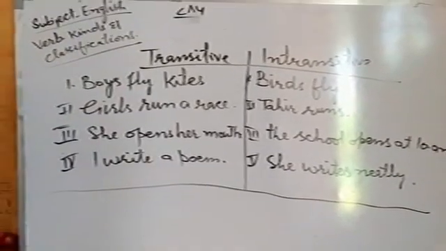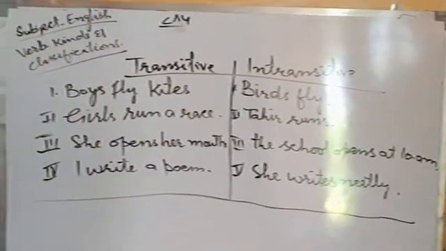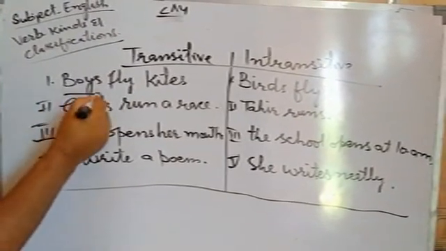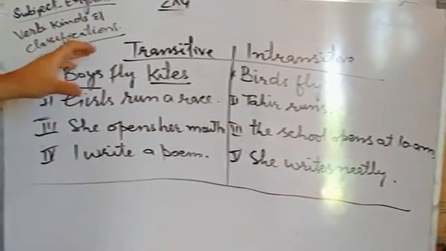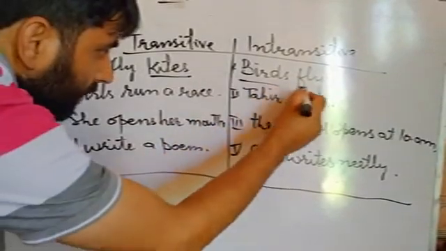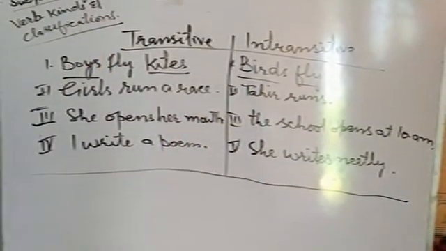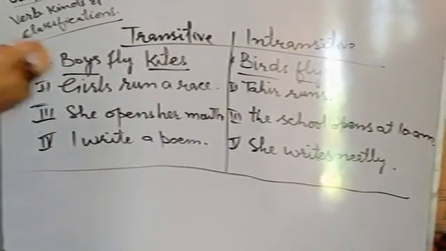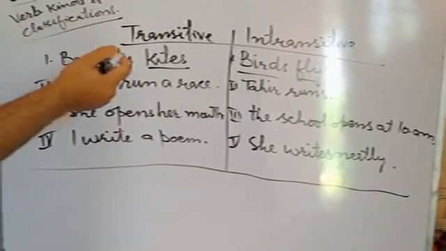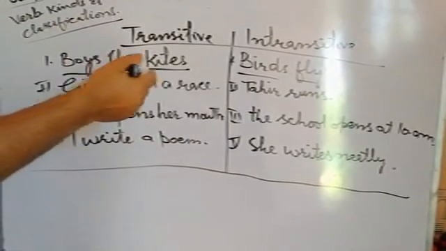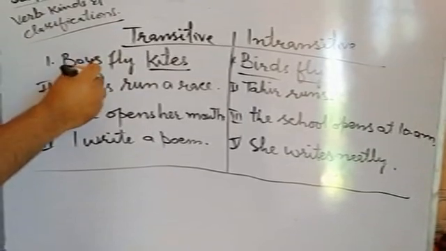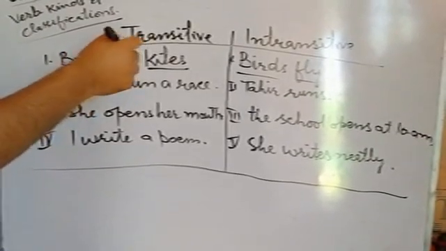Here we have some sentences. Let's have a look at them. Boys fly kites. It's transitive. Birds fly. It's intransitive. A transitive verb denotes an action which passes from subject to an object. Boys is the subject, and it flies kites.